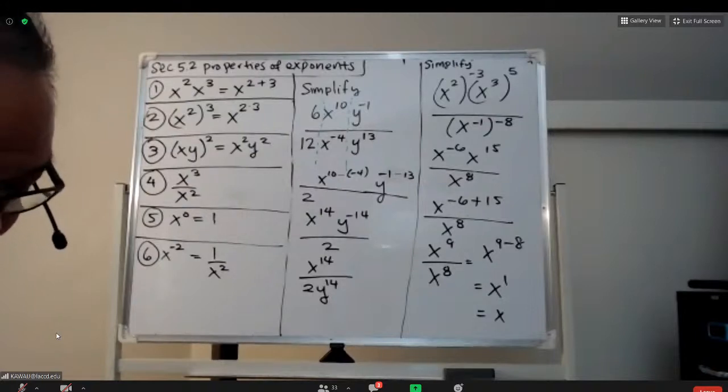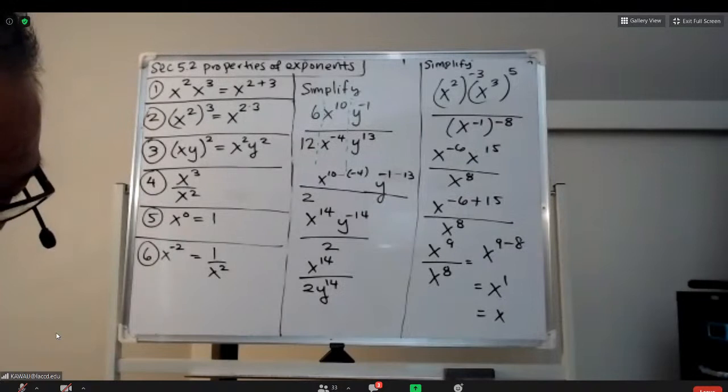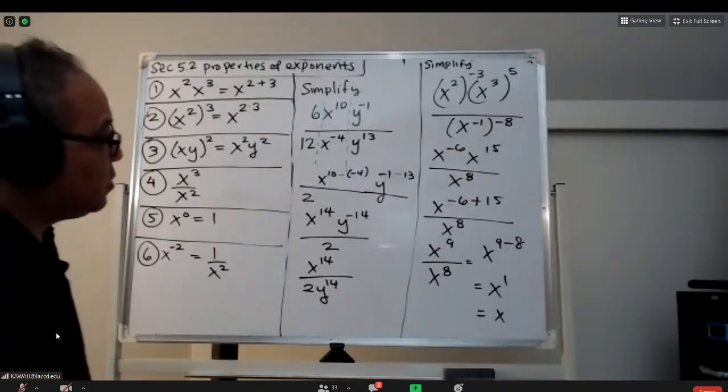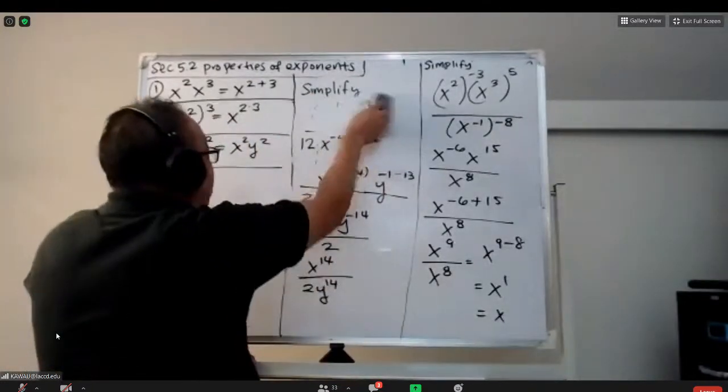Okay, let's try maybe 2 or 3 more, and then we'll move on to the last part of this section. So like I said, this is a real big section. It's usually covered by 2 or 3 sections in most books.